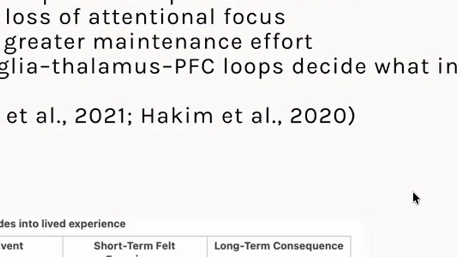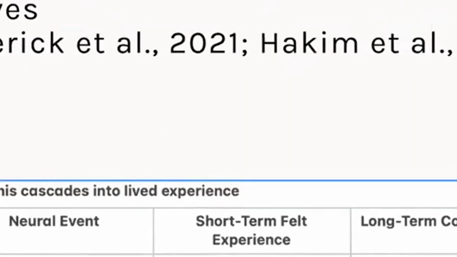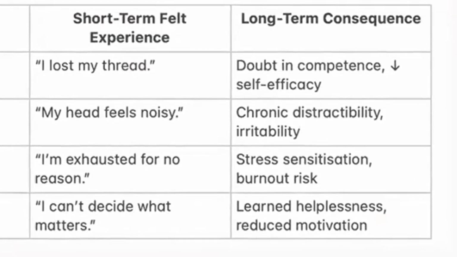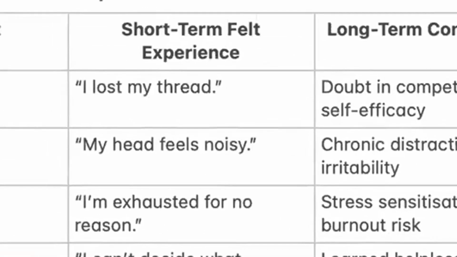What does that mean for us, for our daily life? This is where I've created this to make it a little more practical. The prefrontal parietal disruption is the experience of, okay, I lost my thread. What was the train of thought that I had? Long-term, this leads to doubt in our own competence, and we start doubting our own self-efficacy.